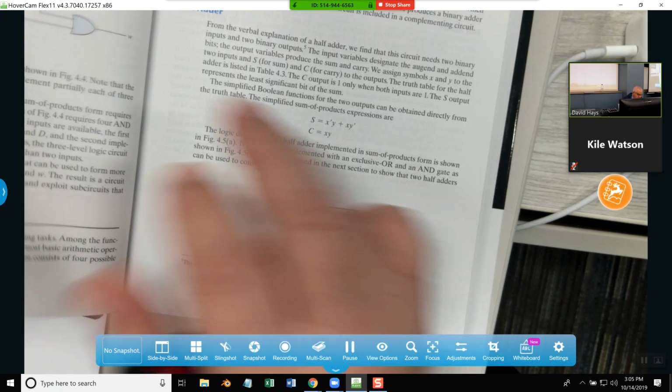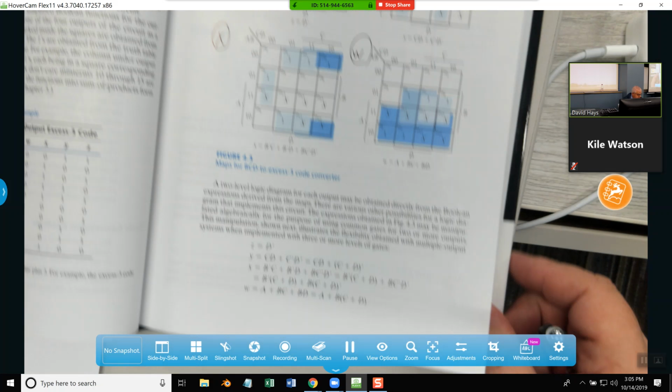C and D coming into there. There's an OR here. And C or D prime comes in there.